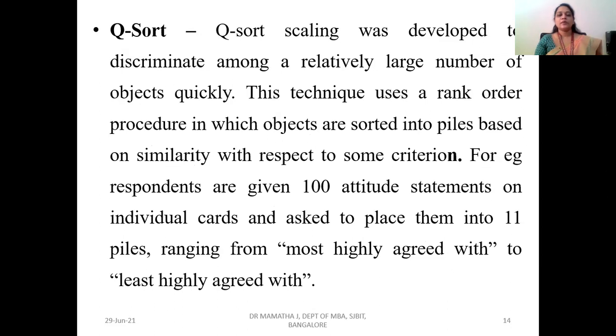For example, respondents are given 100 attitude statements on individual cards and asked to place them into 11 piles, from most highly agreed with to least agreed with. The first pile might stand for most highly agreed, and the last, 11th pile might stand for least agreed. So they form 11 piles out of 100 attitude statements.